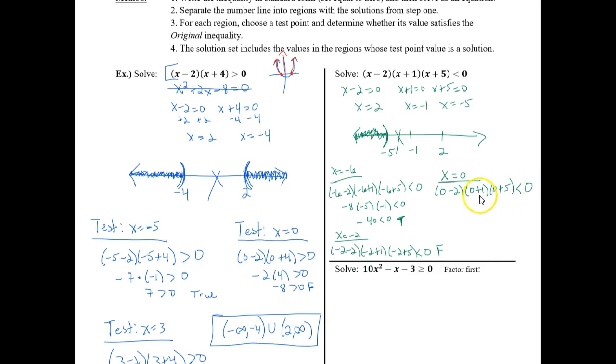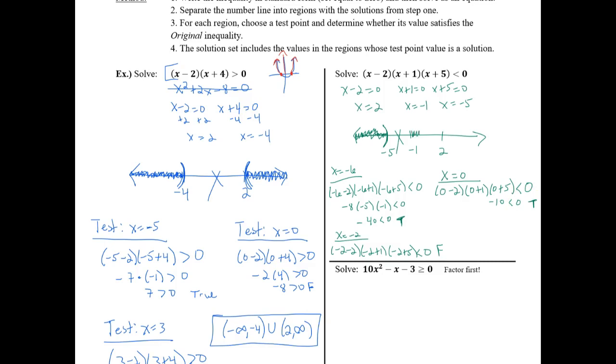Well, 0 plus anything is itself, so I'd have -2 times +1 is -2, and -2 times 5 is -10. Is -10 less than 0?